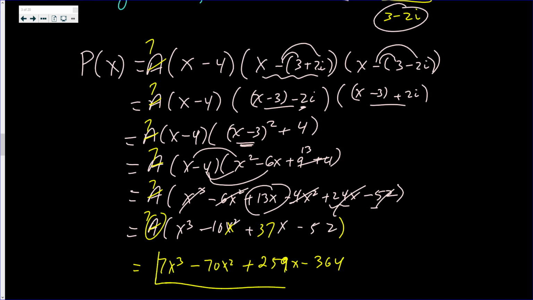This polynomial has 3 roots. It has 4, 3 plus 2i, the given one, and 3 minus 2i, the one that we had to figure out on our own.